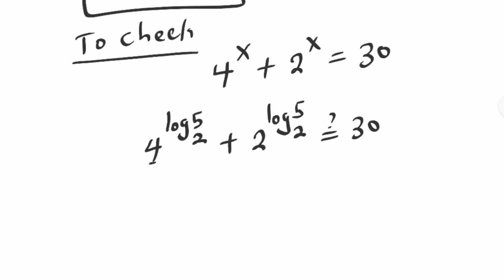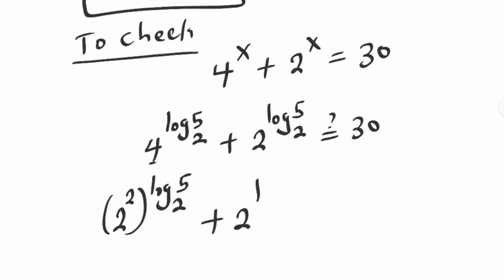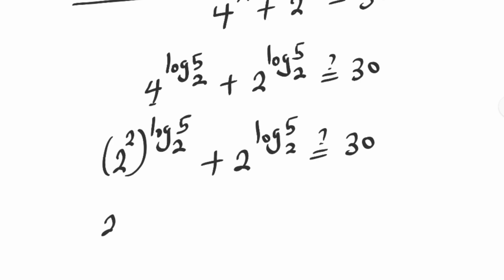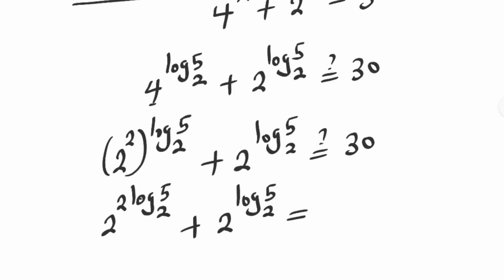And this can be written as 2 squared all to the power of log 5 base 2 plus 2 raised to power log 5 base 2 must be equal to 30. Now this is 2 raised to power 2 log 5 base 2 plus 2 raised to power log 5 base 2 must be equal to 30.